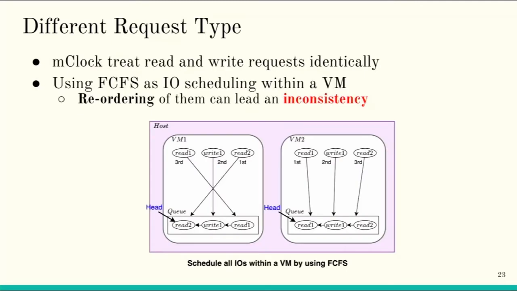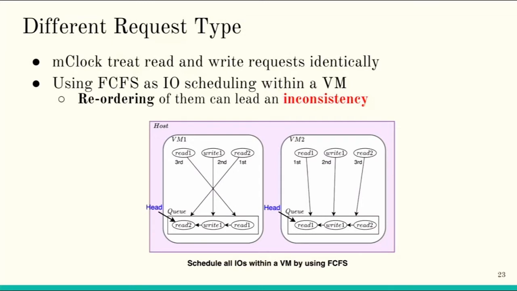Then we go to the next specific issue, which is different request type. The request type can be read and also write. The mClock algorithm treats read and write requests identically. They will not do, for example, reordering, because reordering of them can lead to inconsistency.